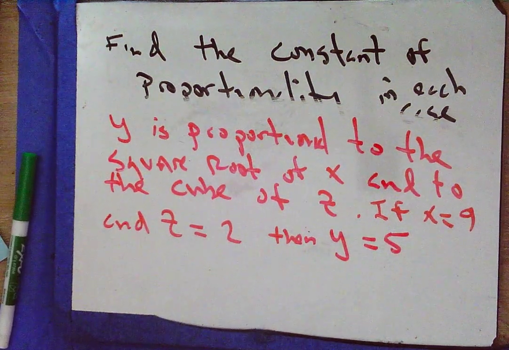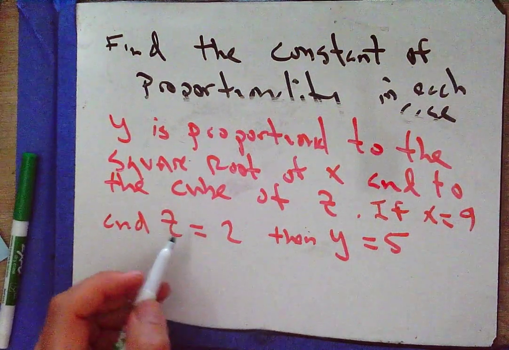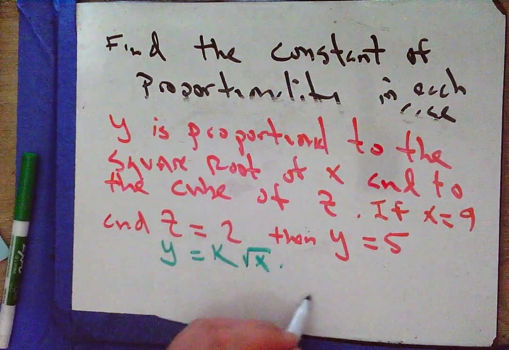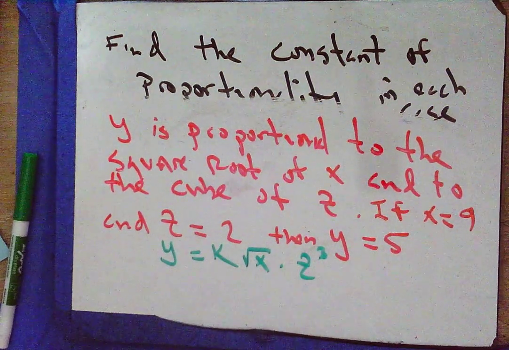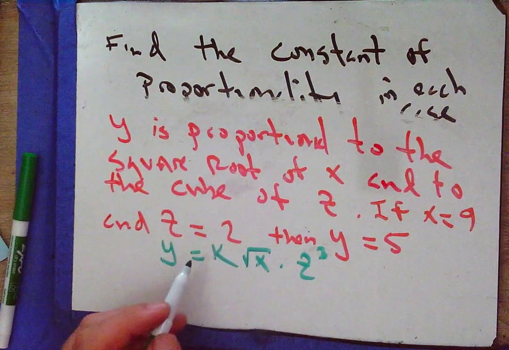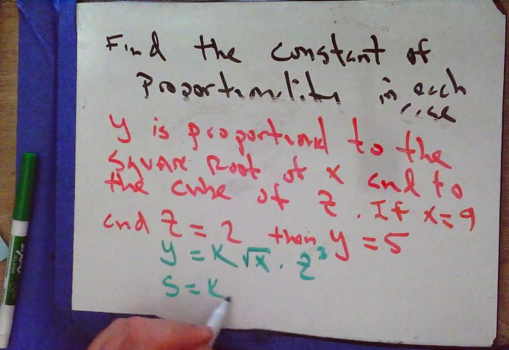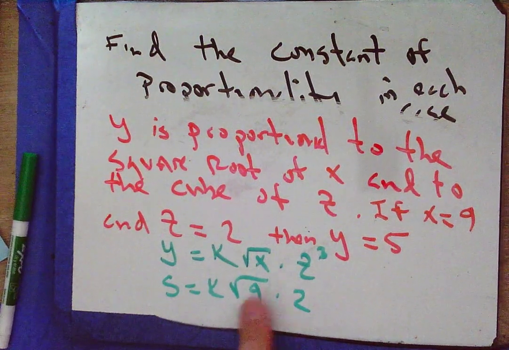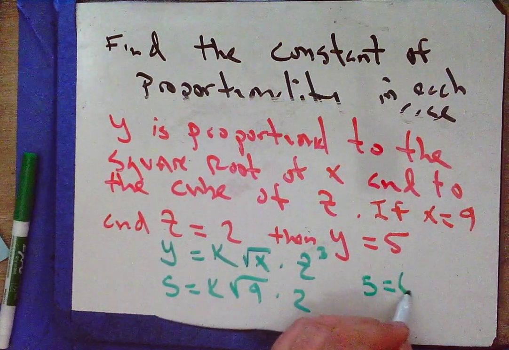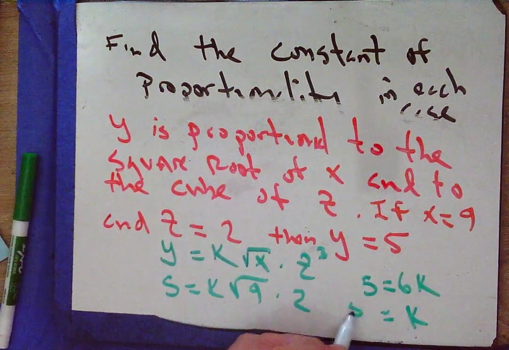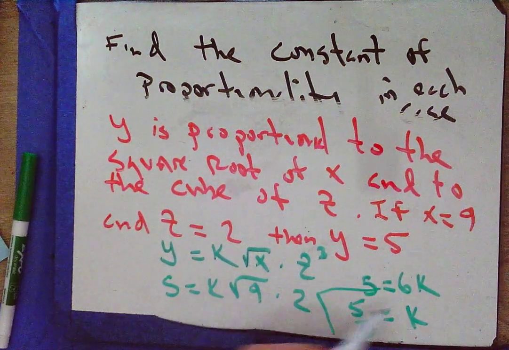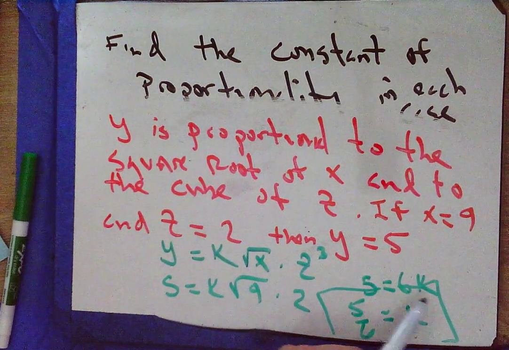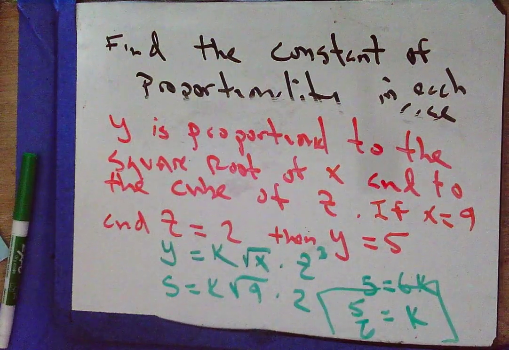All right, well, let's see if we can find our constant of proportionality. Y is proportional to the square root of x and the cube of z. And then we'll plug in what we know. 5 equals k square root of 9 times 2. Square root of 9 is 3. 3 times 2 is 6, so I get 5 equals 6k, where k equals 5/6. A common mistake on the quiz is for people to write 6/5 here. It might be worth your time to actually show the step where you divide by 6 on both sides.